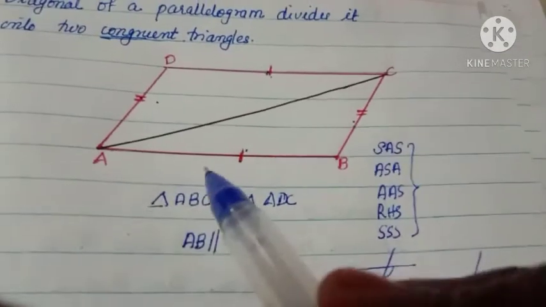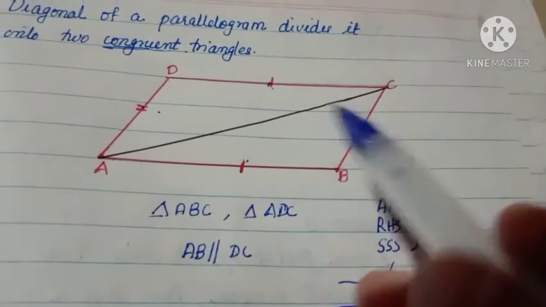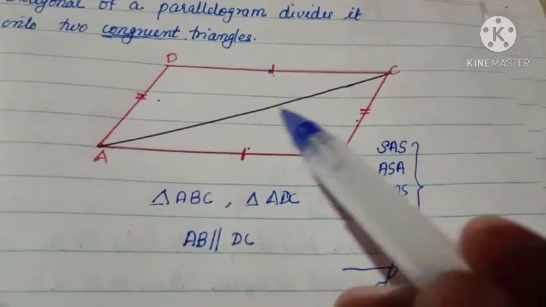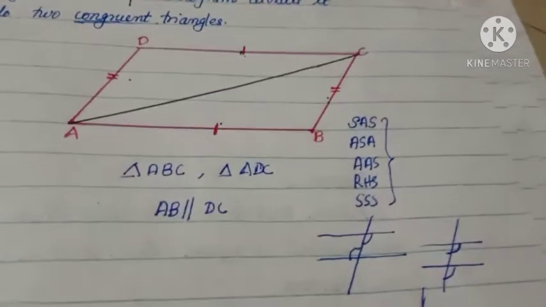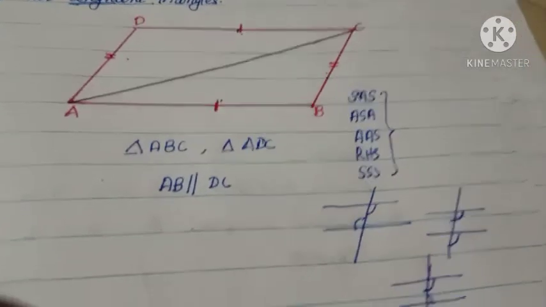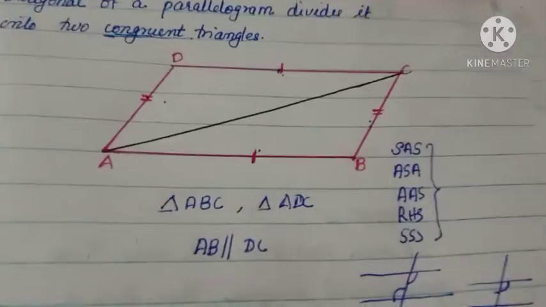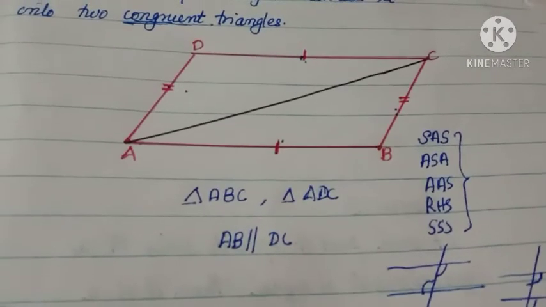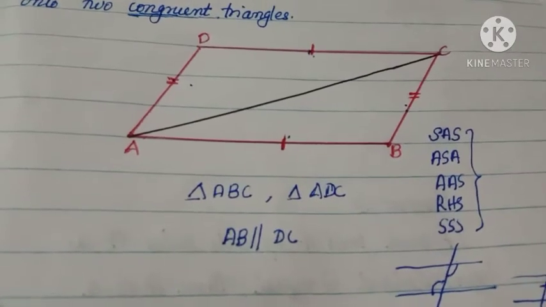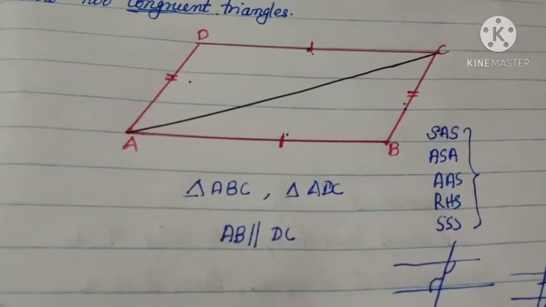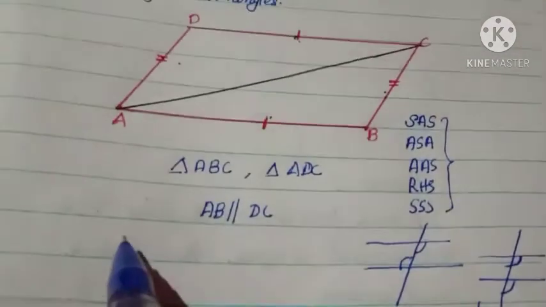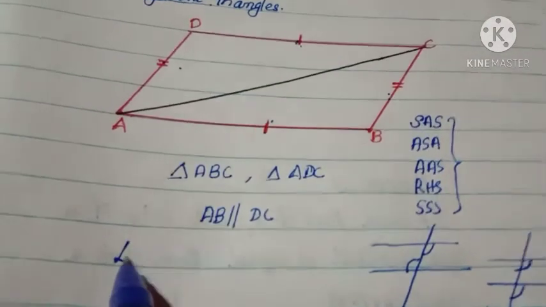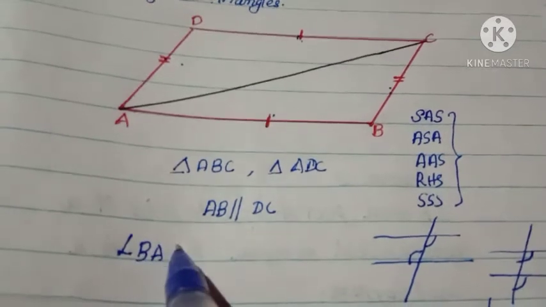So here AB and DC are parallel. AC is what? Transversal. So we can consider alternate pairs of angles here. Listen, angle BAC.